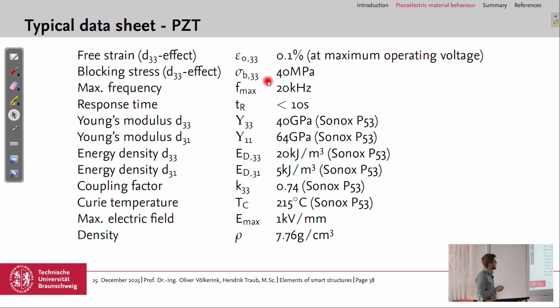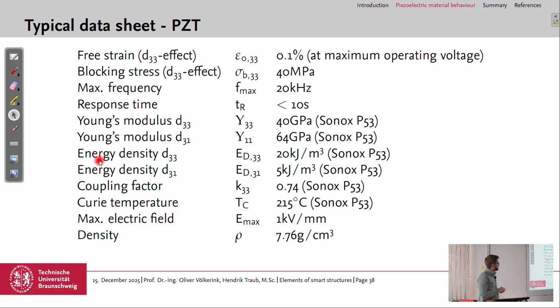Frequency goes up to 20 kilohertz, but we have not gone into detail about this. The modulus is different in 3-3 direction and in 1-1 direction because we have anisotropic behavior after the polarization. It's between 40 and 64 gigapascals for this Sonox P53 material, so close to aluminum in the one direction.